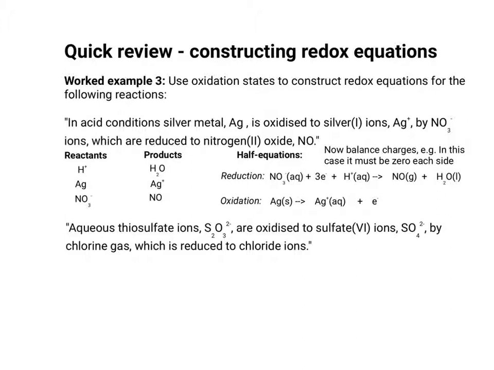So on the right-hand side you have an overall charge of 0. And on the left-hand side you have 4 minuses, NO3- and 3 electrons, and 1 plus. So you've got to work out how you're going to balance those charges out so that it's 0 overall.